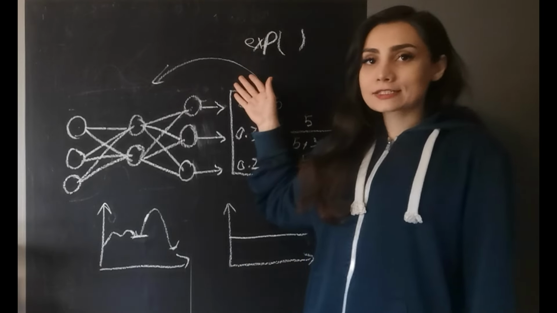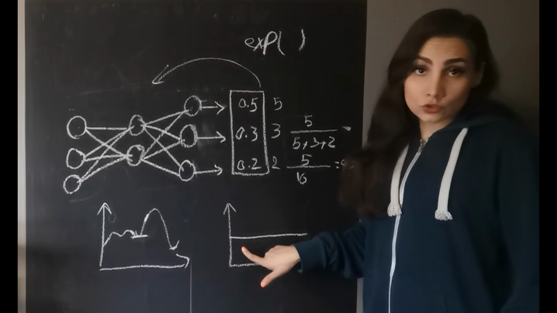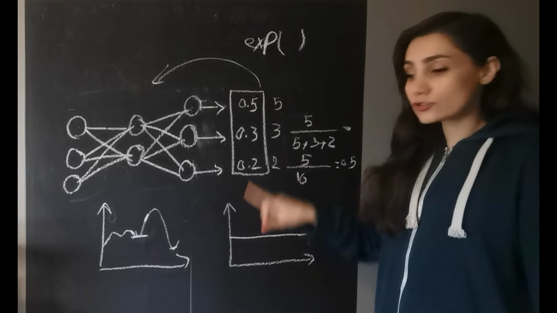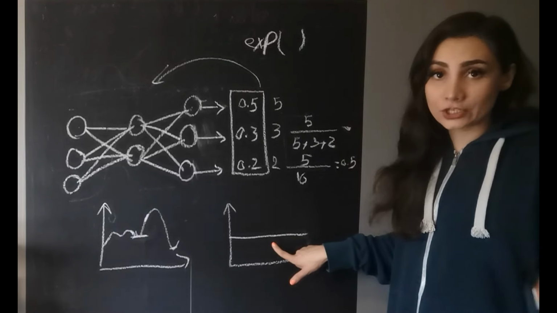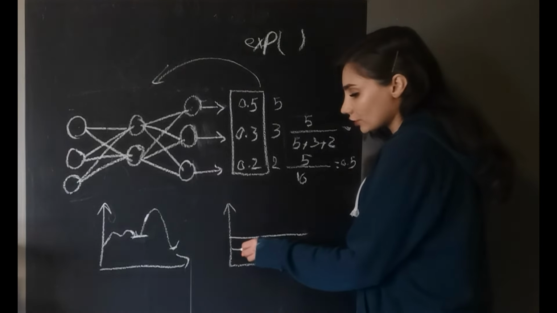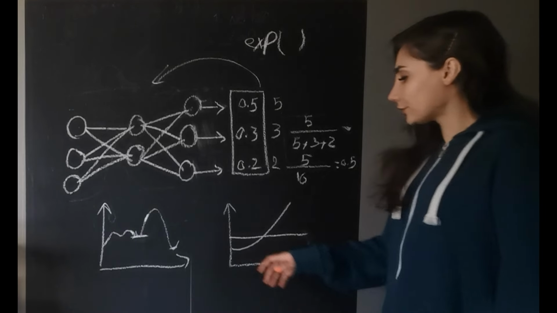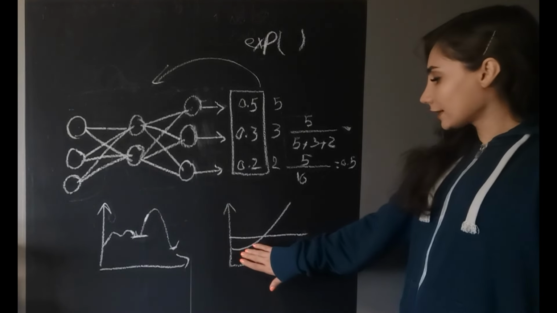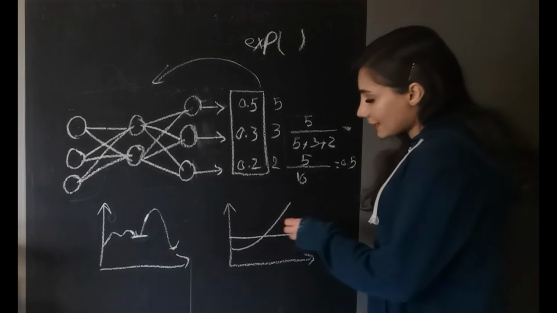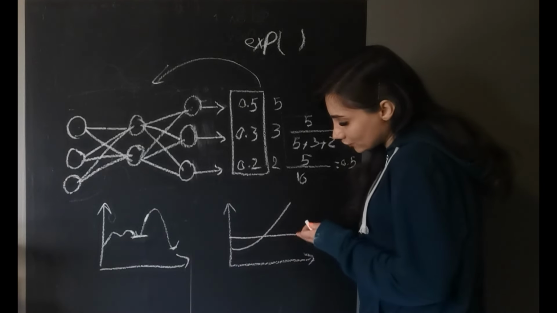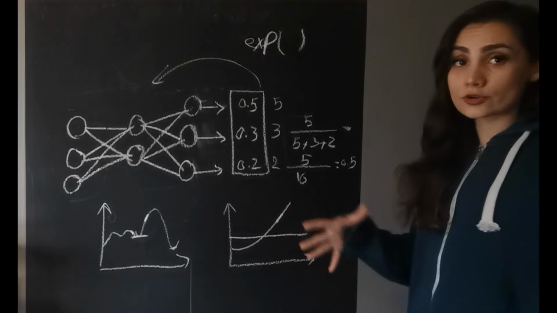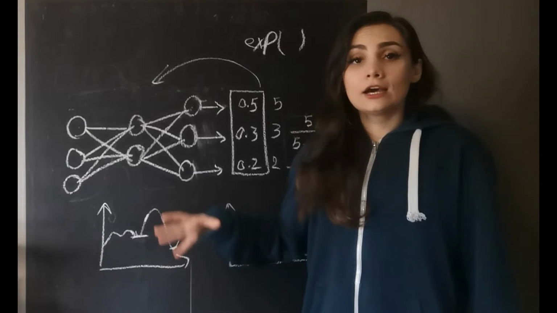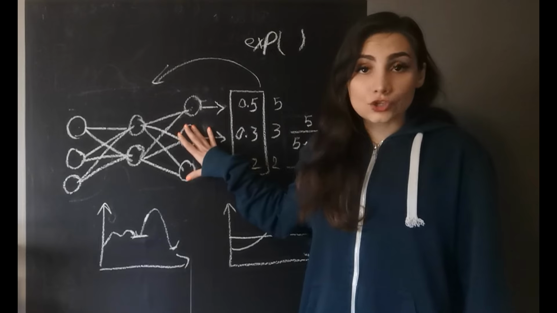So when you have exponential, you won't have a straight line. Your line will start being curved. And when you have a curved line, as you can see, now learning can happen. So this is one of the things that exponential helped to solve in Softmax.